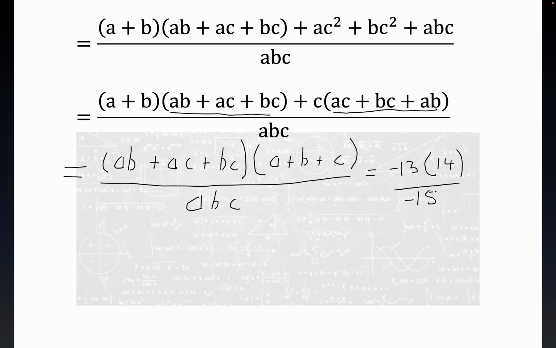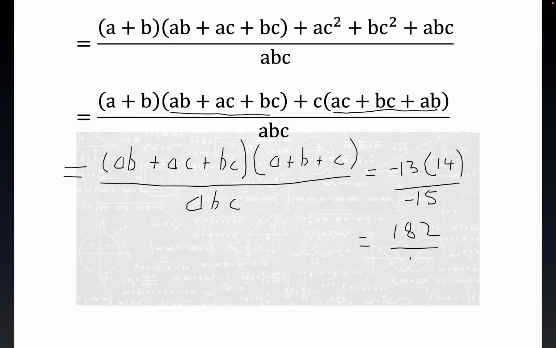It looks like there's no common factor. 15 has 3 and 5, 14 has 2 and 7, and 13 is a prime number, so this is not going to reduce. You don't have to multiply this out or anything because it's not going to reduce. I guess it would be more professional, though. 10 times 14 is 140, 3 times 14 is 42, so I'm getting 182 over 15. I didn't make a mistake there.